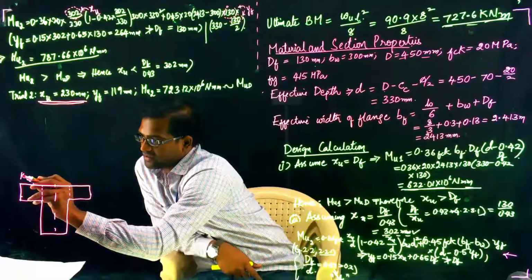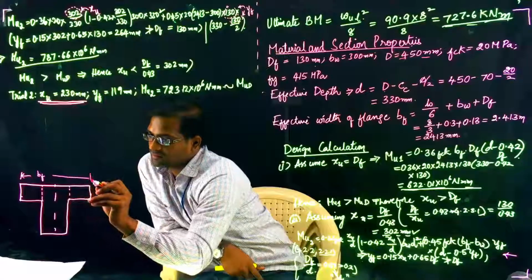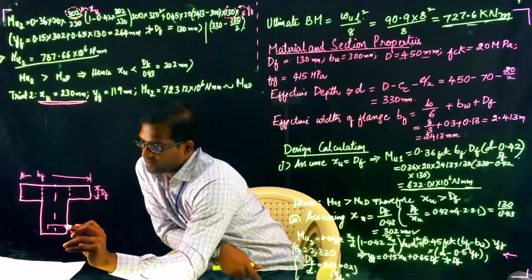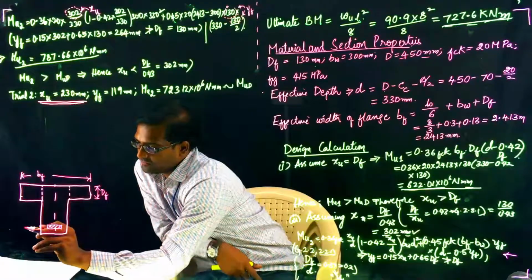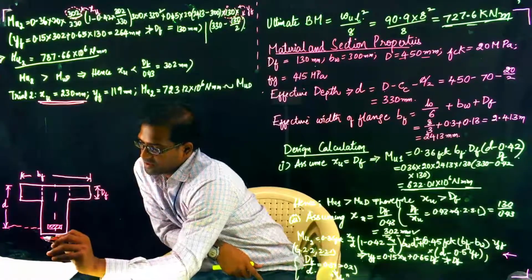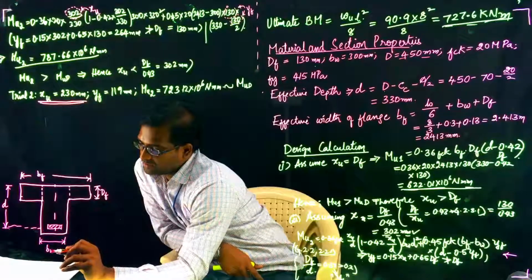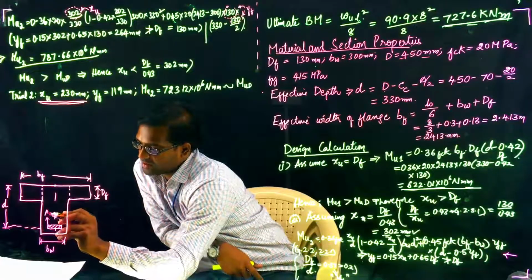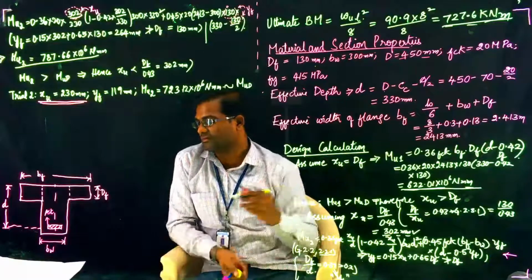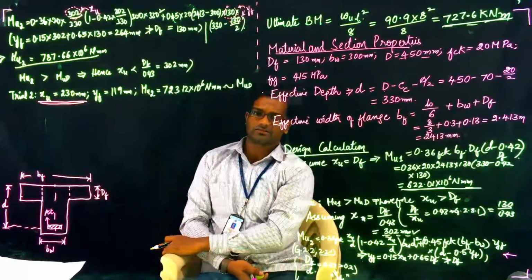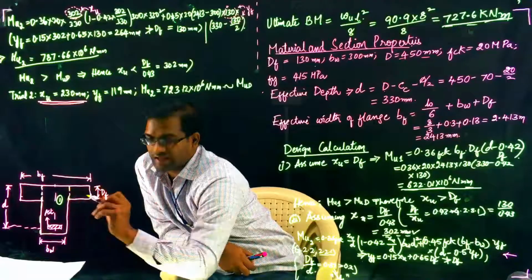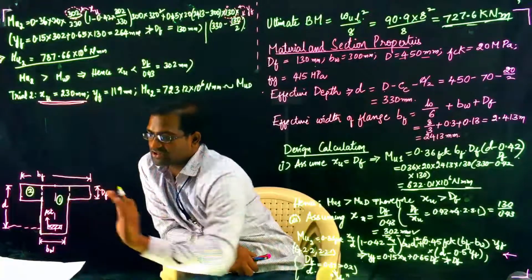The total width is given by BF, this is DF, and the area of steel is somewhere here, with the centre of steel from the top given as the effective depth D. This is DW, and this is given by AST. These are the dimensions we took in the analysis of the T-beam. The first section is taken as a rectangle section, and this is also taken as a rectangle section, denoted separately.